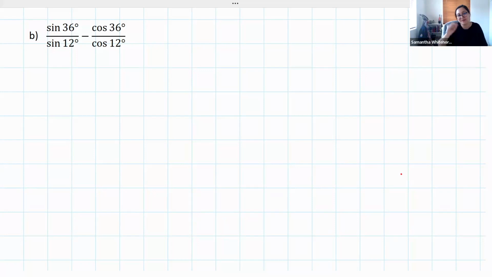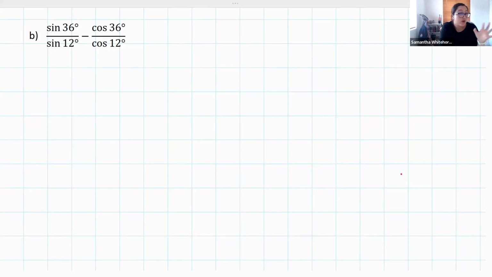Right, an LCD. The reason I'm saying that is because if you look at the situation you've been given here, all of those angles are acute. There isn't really a relationship between double angles, because 12 doubled is not 36 and 36 doubled is definitely not 12.